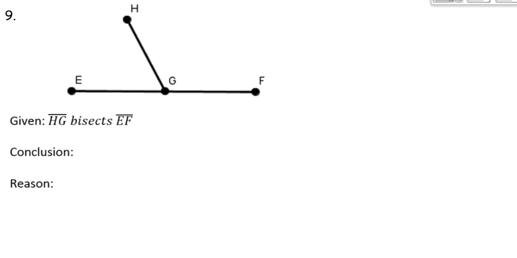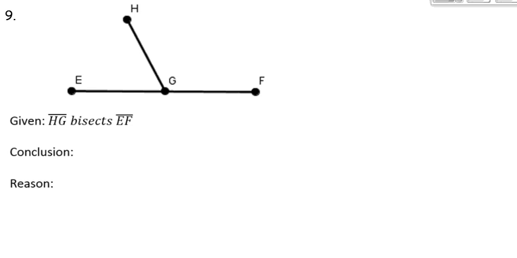All right, given HG, this is very similar to the last one, so my conclusion is going to be that these two angles are, oh, they're not congruent though. Let's back the truck up on that one because I misread that myself.